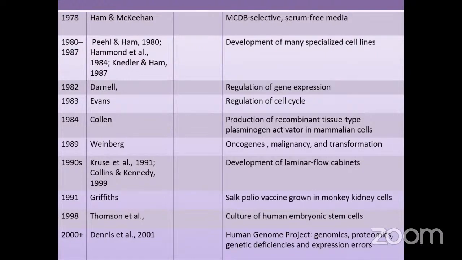So from 80 to 87, specialized cells were developed. Then in 82, Darnell studied the regulation of gene expression in cells. Then in 83, Evans studied regulation of the cell cycle. Then in 1984, Collen produced recombinant tissue-type plasminogen activator in mammalian cells.